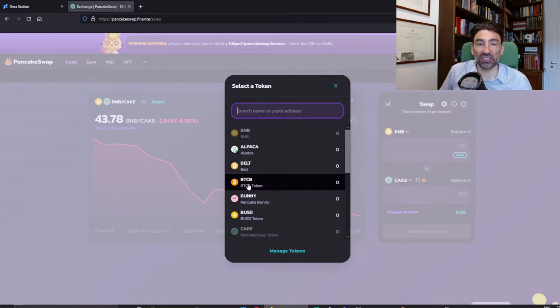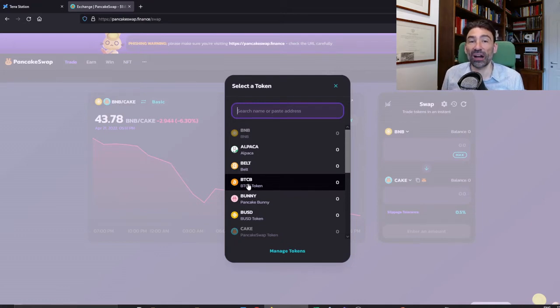Well, there is a bridge which is usually made up of two smart contracts, one on the Bitcoin blockchain. Even though the Bitcoin blockchain doesn't allow full smart contracts, there could be some programming possibilities. And another corresponding smart contract on the Binance Smart Chain.